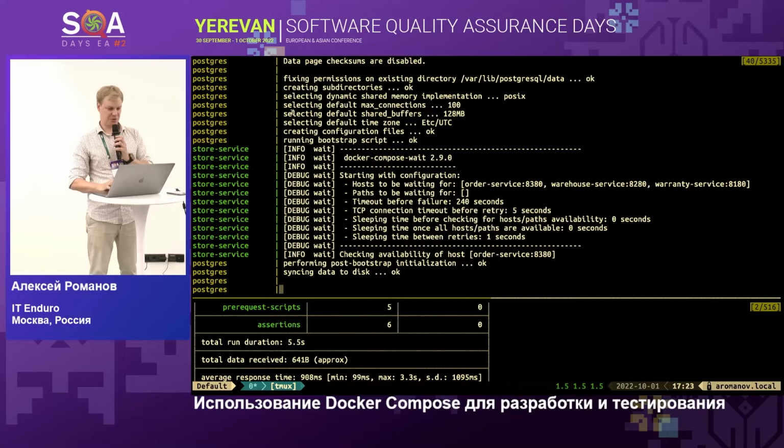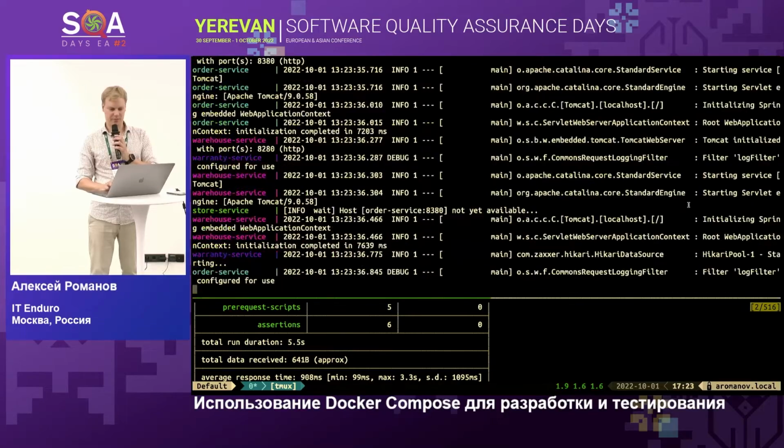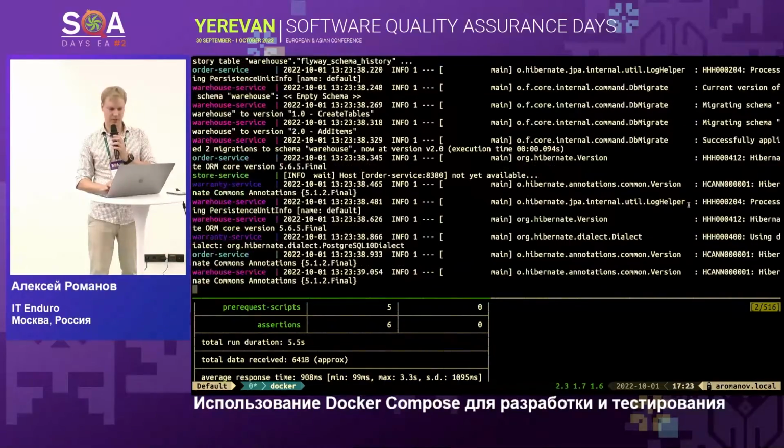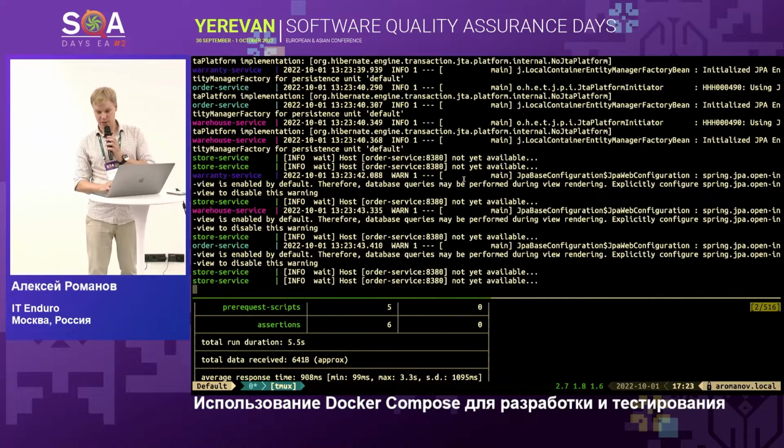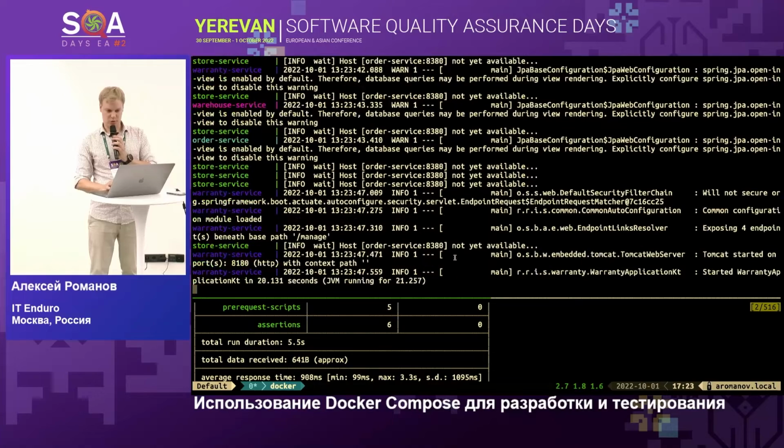So the first thing that we can see here is the store service. It shows us that it awaits the availability of the following services. Our services start up and the order service is not yet available.